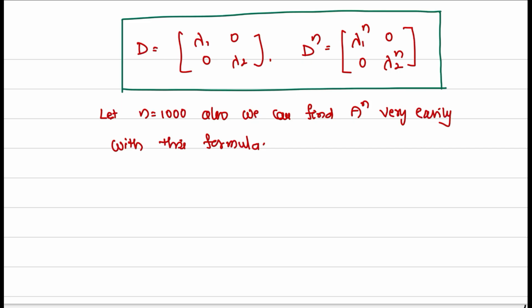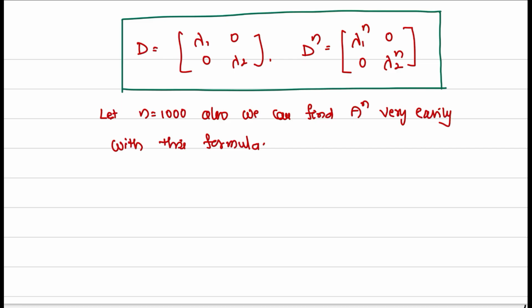If it is a 2 by 2 matrix, first find the eigenvalues. Immediately go for the eigenvectors and cross check whether the eigenvectors are linearly independent. When the eigenvectors are linearly independent, automatically it is diagonalizable.